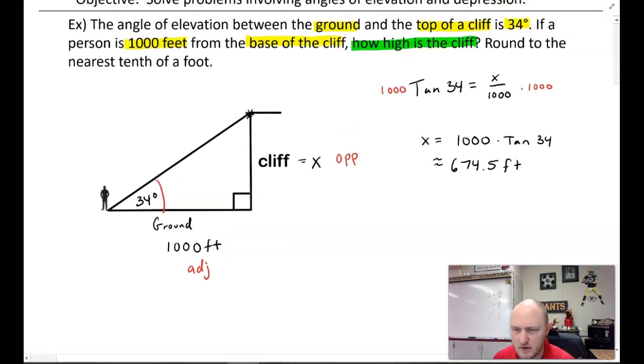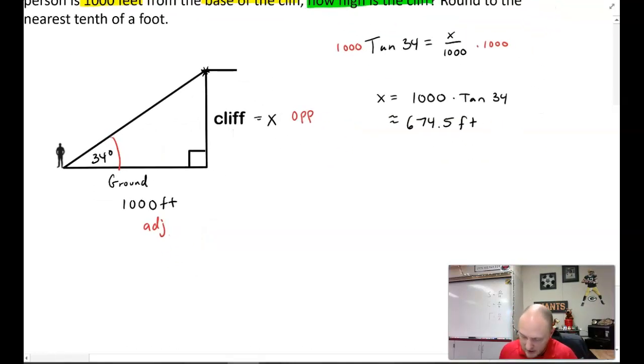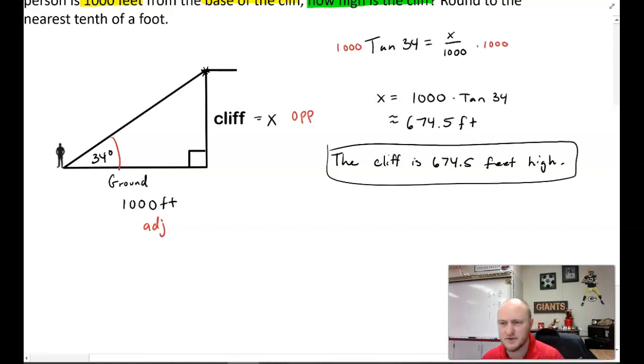Round to the nearest tenth of a foot, we did that. So we need to answer the question: how high is the cliff? The cliff is 674.5 feet high, or tall, something to that effect.